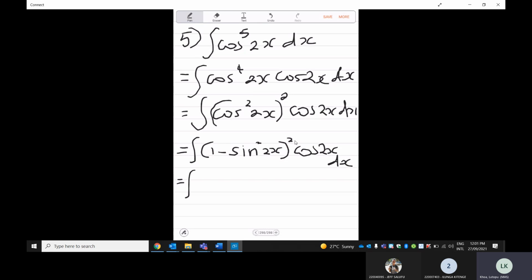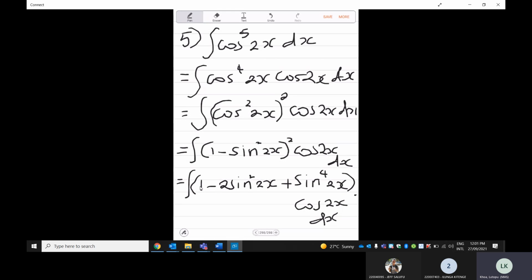So first, the one that is being squared, this is 1 minus 2 sine squared 2x plus sine to the power of 4 of 2x, and this must multiply with cos 2x dx. Okay, so when I write it like that, it's better because when I multiply, I'll have sine and cos, then I can use substitution to integrate.